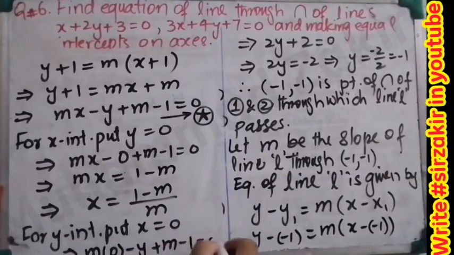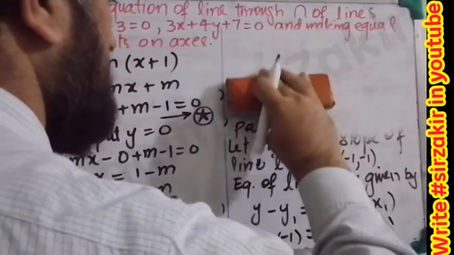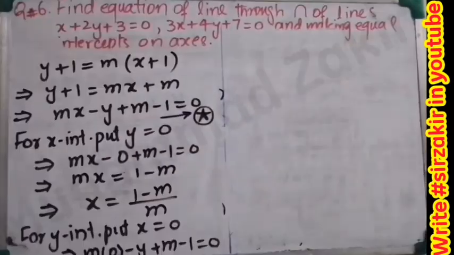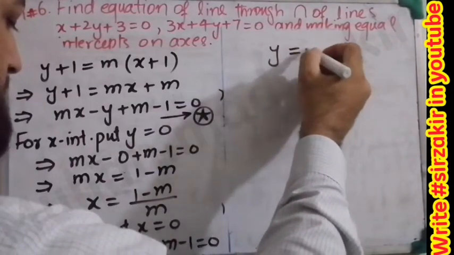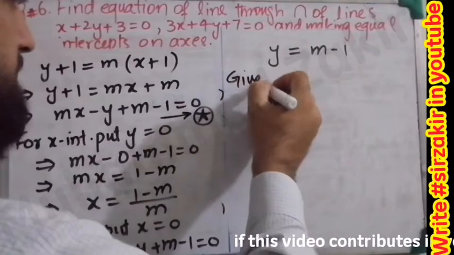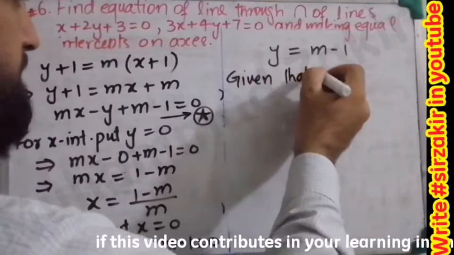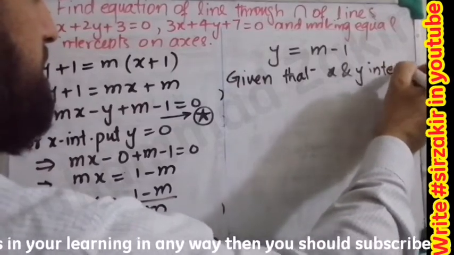So the value of x is (1 minus m) by m. This is the x-intercept. And for the y-intercept, we put x equal to 0. When we put x equal to 0, m into 0 minus y plus m minus 1 equal to 0. And then y is shifted to the other side. So the value of y is m minus 1.